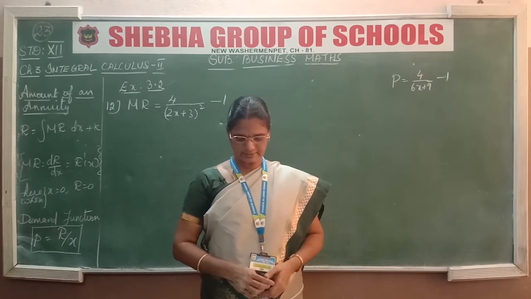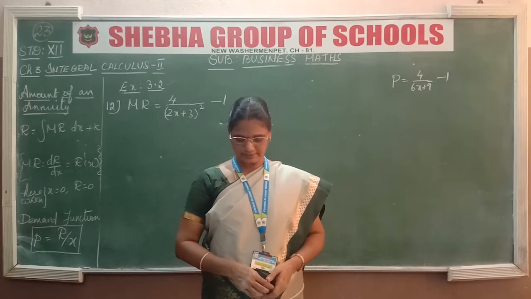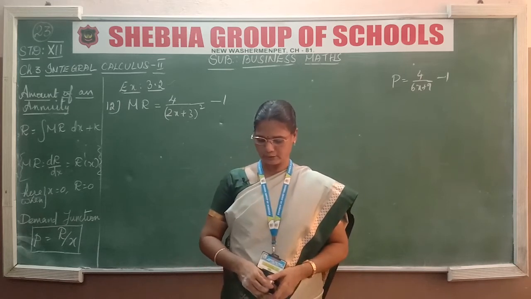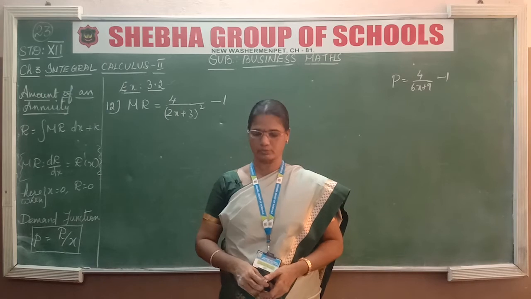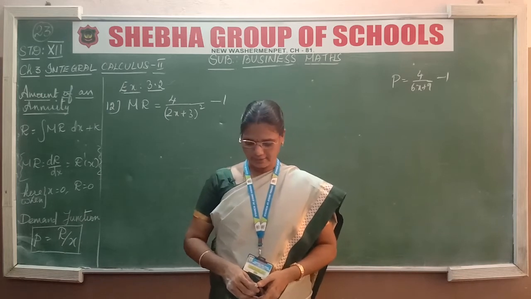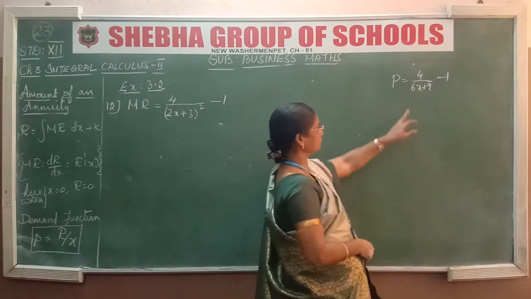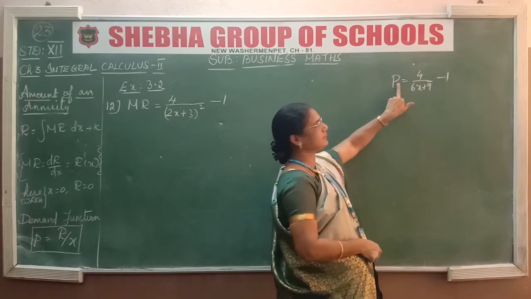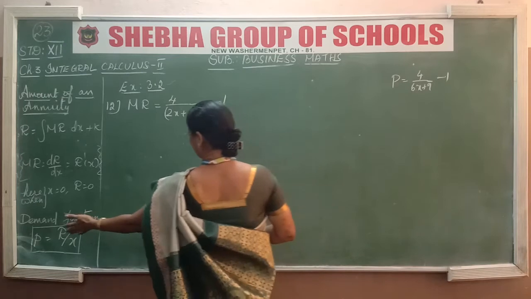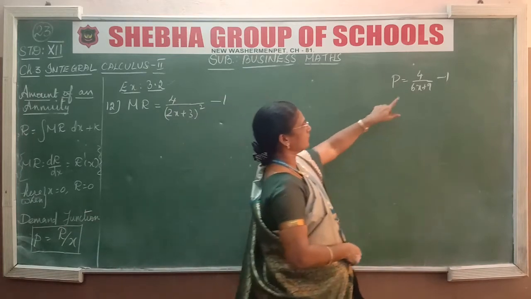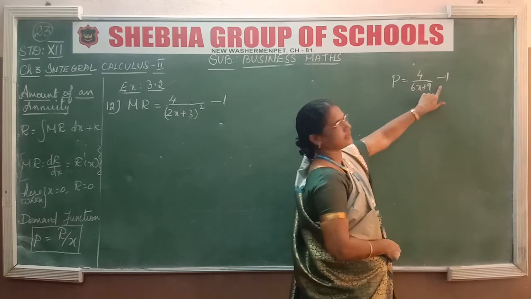Next let us see the 12th sum. The marginal revenue function MR is given as 4 by (2x plus 3) the whole square minus 1, and show that the average revenue function P is equal to 4 by 6x plus 9 minus 1. We have to prove P. P is the demand function, denoted by average revenue, 4 by 6x plus 9 minus 1.